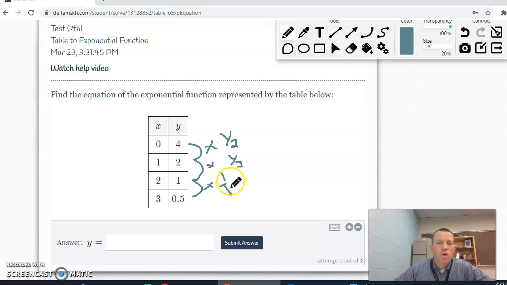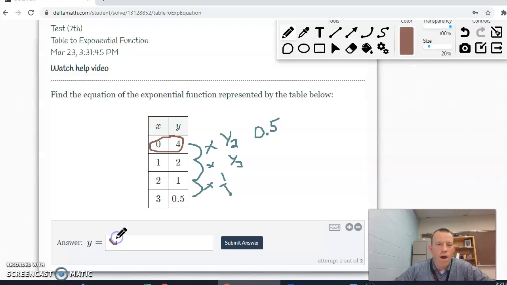So inside our parentheses is going to be half, or as a decimal, 0.5. But we also always want to look at where we're starting. We're starting at 4 because when x is 0, y is 4.